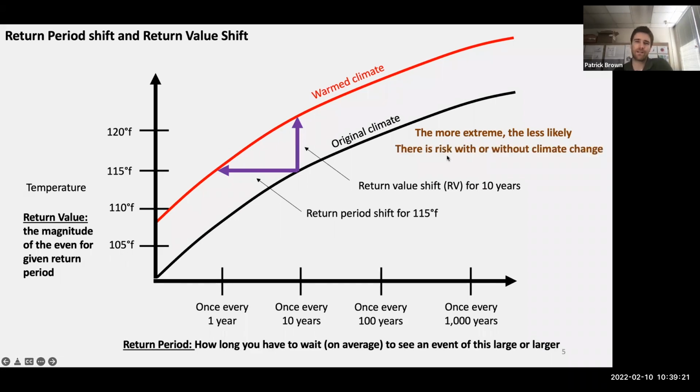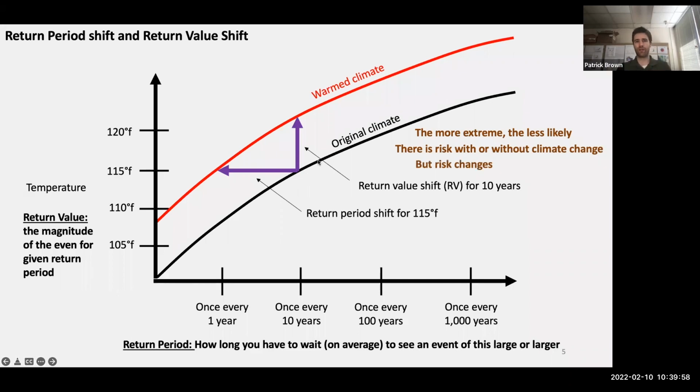The other is that there's risk of these things happening with or without climate change. The black line is from some hypothetical original climate, and the red line is from some hypothetical warmed climate, either like the current climate or climate in the future. You can see that, for example, for a heat wave in this graph of 115 degrees, a daily high temperature of 115 degrees, there's some risk of that in both climates, the original climate and the warm climate.